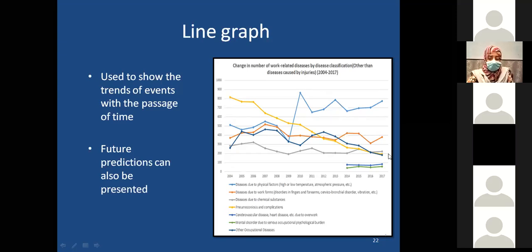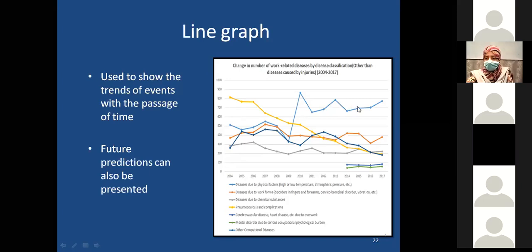It might have happened because of protective equipment that was used, or because of any other reason, or because of better information. Then you have diseases due to physical factors. There's an increase from 2009 to 2010, and then a steep decrease in 2011 in the diseases that occurred because of physical factors that included high or low temperature and atmospheric pressure.